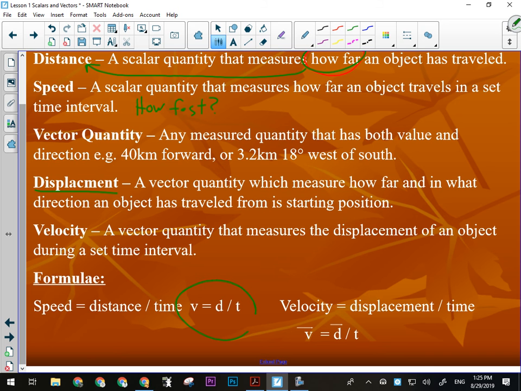Here's the scalar one. Speed is distance over time. Velocity is displacement over time. And I wrote a little while ago that it can also be written like this: final position minus initial position over time. Ringing a bell? Hopefully.